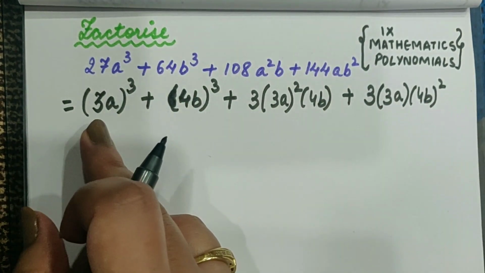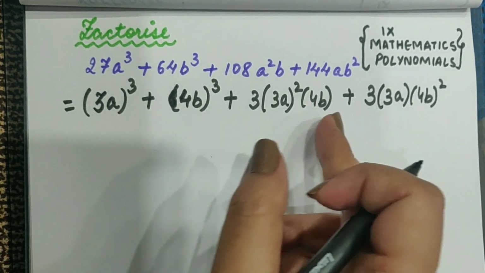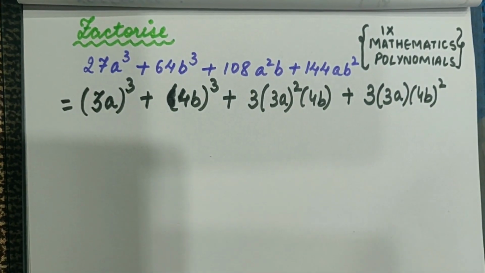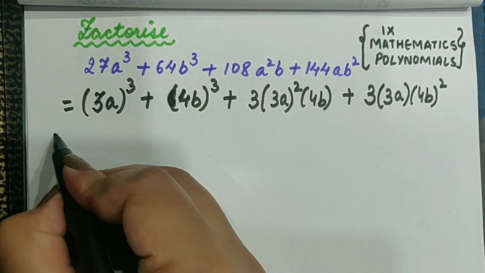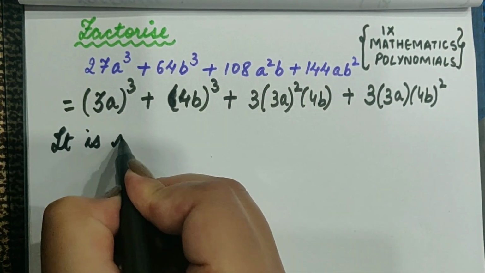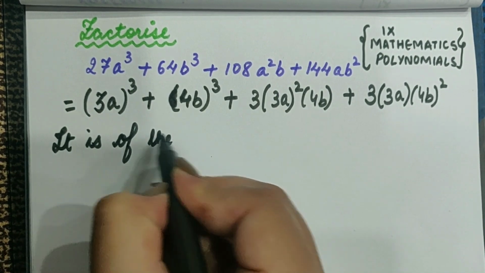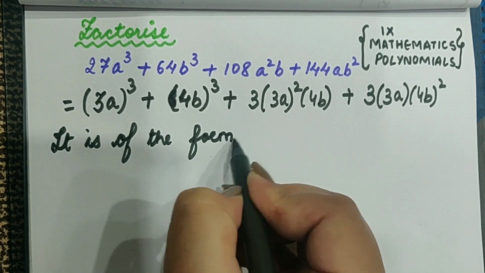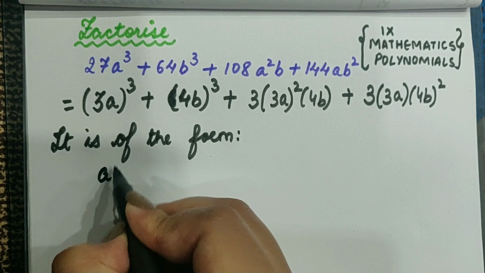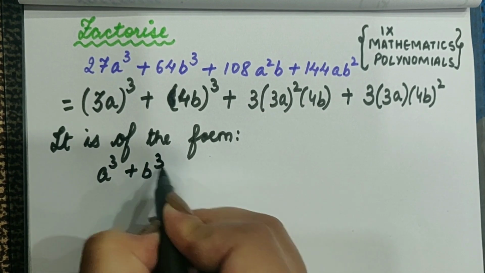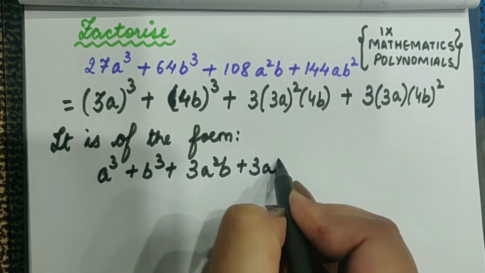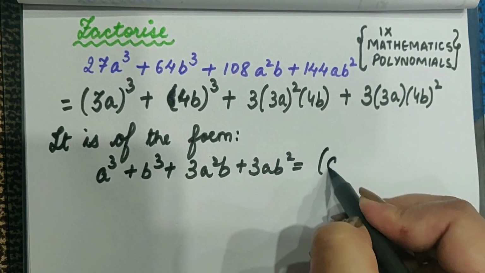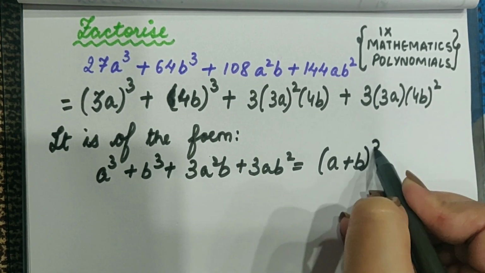You can check, this is turning out to be 144ab^2. So this is the form of a^3 + b^3 + 3a^2b + 3ab^2, which is equal to (a+b)^3.